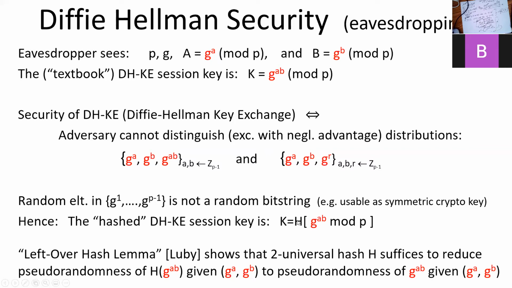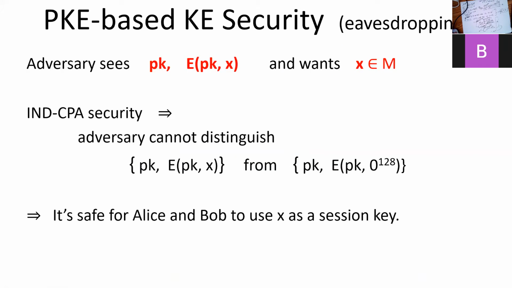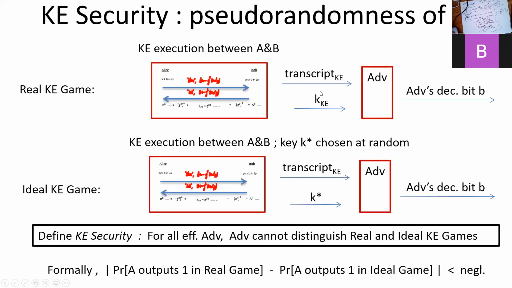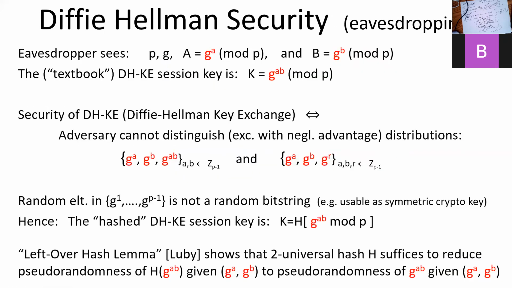Now, a hash of a group element, let's say you use SHA-256, is a 256-bit string, and now you have a chance for this security notion, because at least syntactically they look like the same type of objects, but it's more than syntactic.